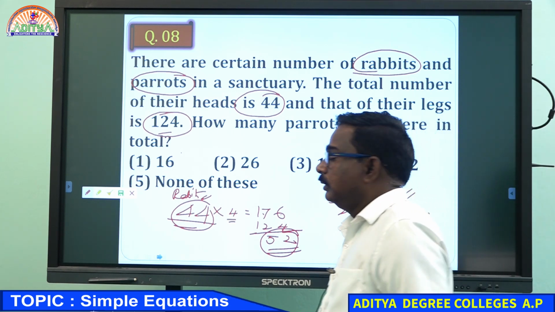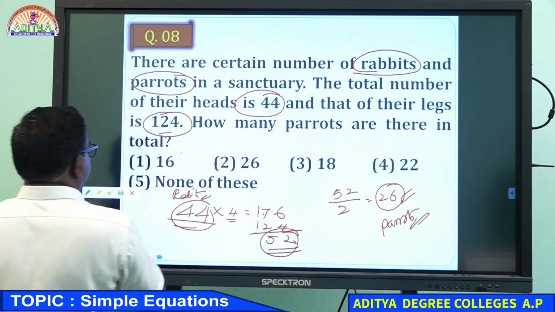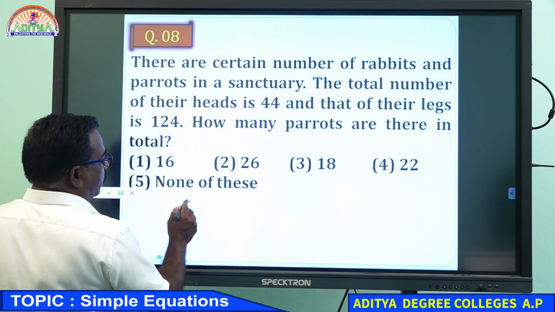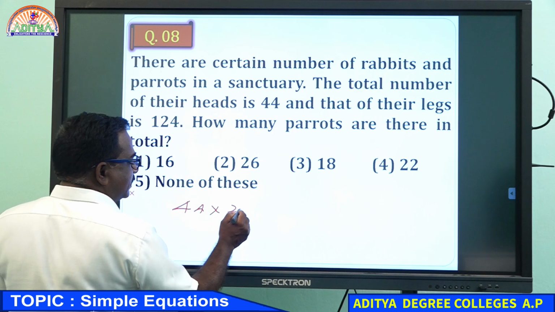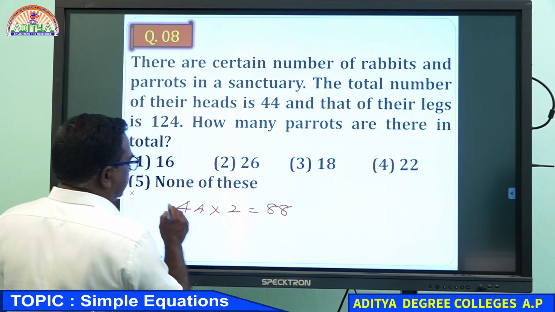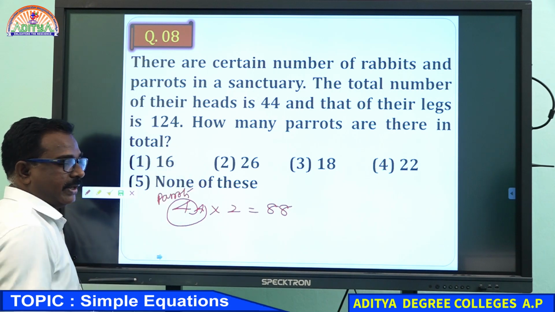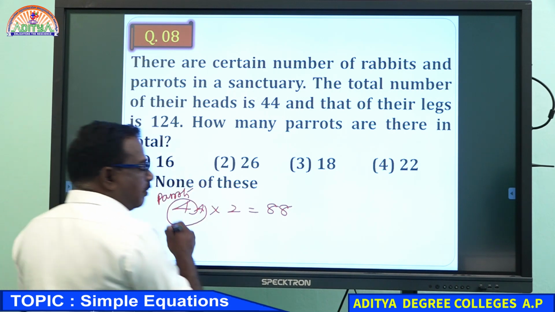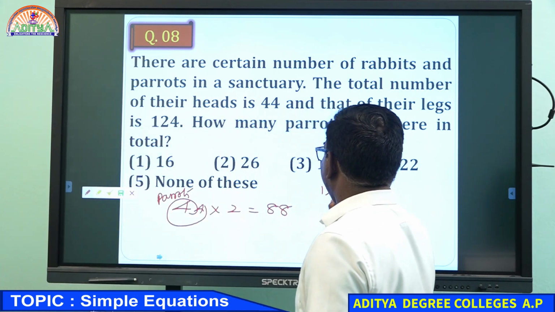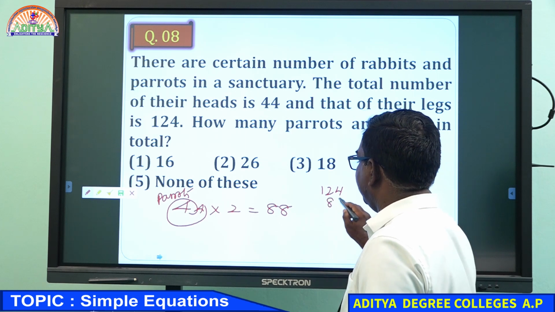Another way, we can take all 44 as parrots. 88 you need to get. Suppose all these are parrots, 44 into 2, 88 you will get. But how much less is there? 124 legs is given, we got 88 here.